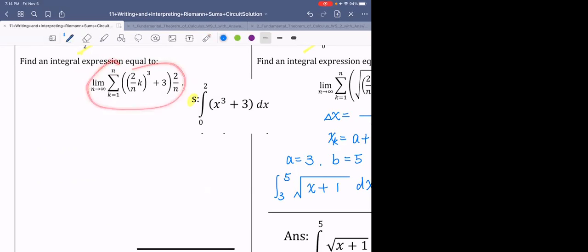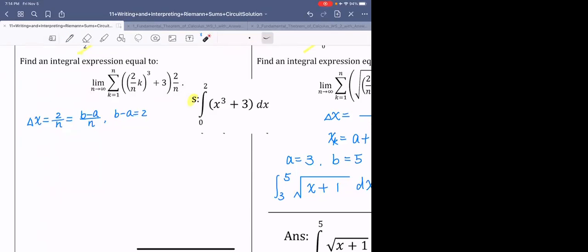This is delta x, equal to 2 over n. So can I say b minus a equals 2? Yeah, so b minus a equals 2.